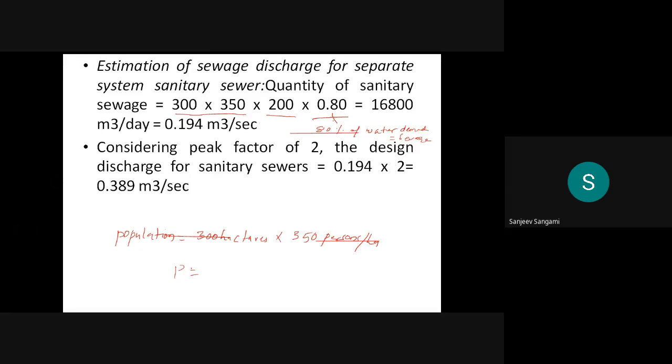So 80% of the water demand is coming out as the sewage. Then we got the value, that is Q of sewage equal to 0.194 meter cube per second.